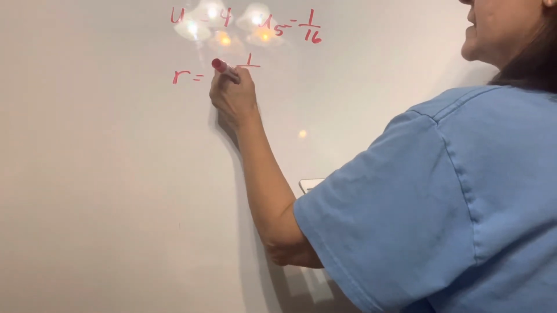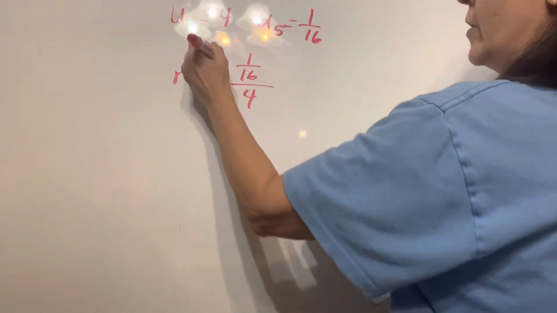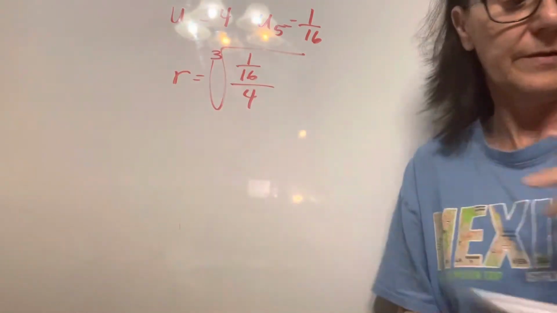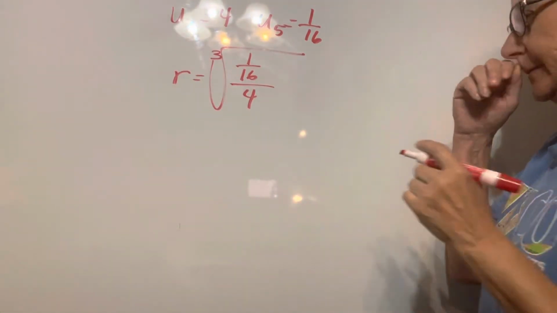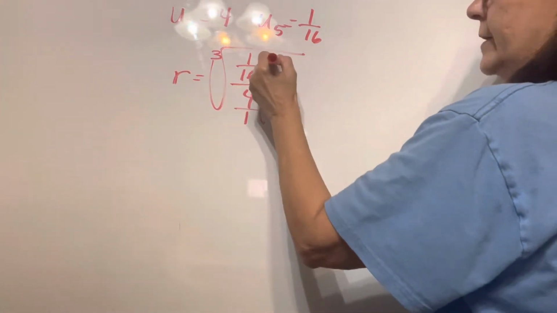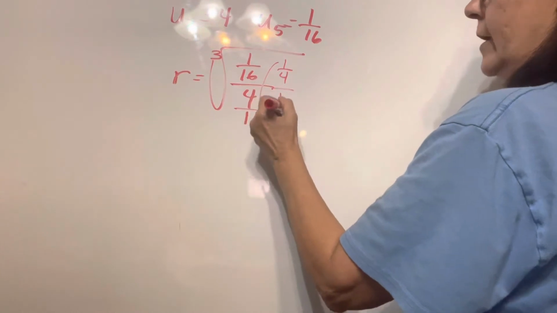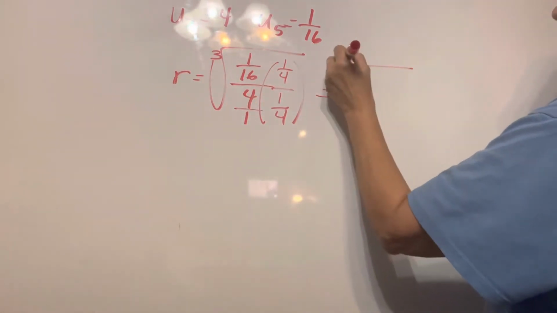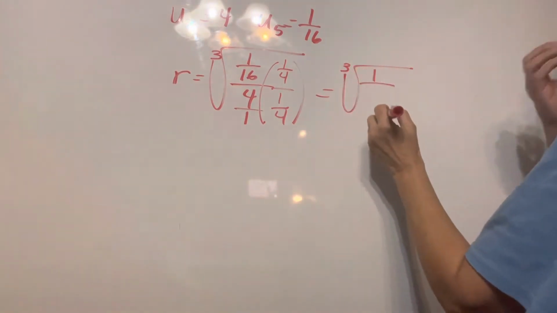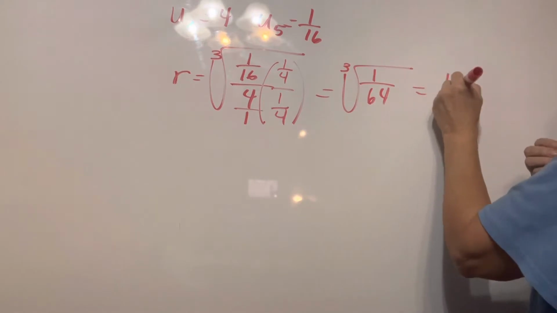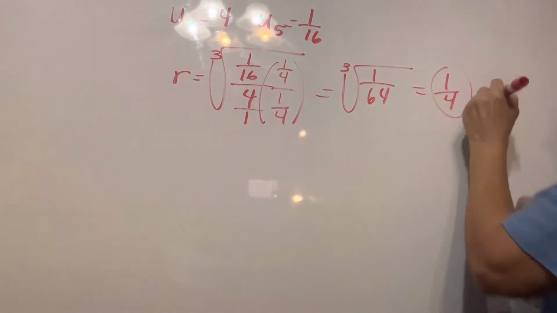It's going to be 1/16 over 4, but the root is 5 minus 2, so it's the cube root. I'm going to simplify this first under the radical by multiplying by 1/4. So the rate is the cube root of 1 over 64, which is just 1/4. Okay, so the rate is the same.